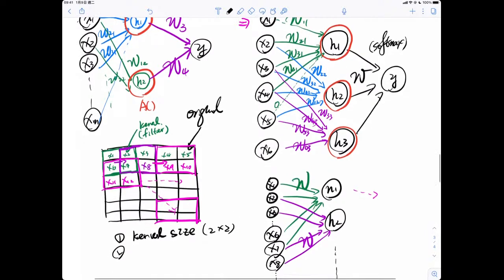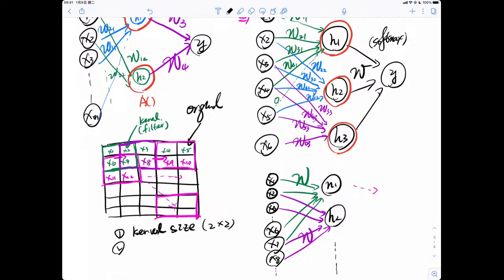The second thing you have to consider is that we take one step to the next neuron, right and down. Overlap or not? Take this example. The green one is x1, x2, x6, x7, but the next one is x2, x3, x7, and x8.